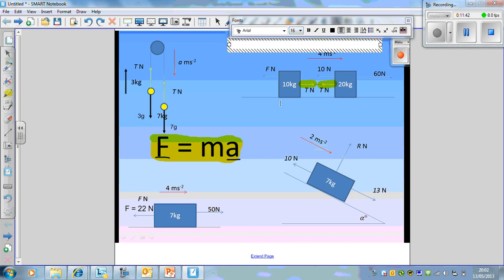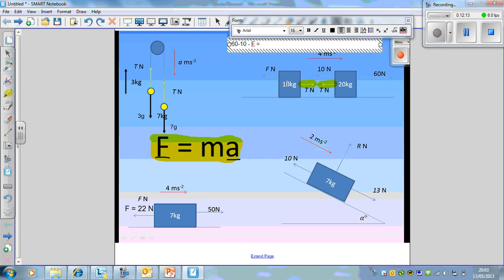So the net force for the whole object, let's treat this as one, is going to be 60 minus 10. And we're going to have a minus T, because we're taking away a T. But then we're adding a T as well. Now, that's really nice, because the minus T plus T is just going to cancel out. So we eliminate that variable from this equation, which is lovely, because then we can work out F. We need to subtract F, and we know that's equal to the mass.